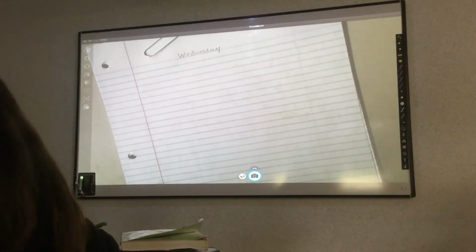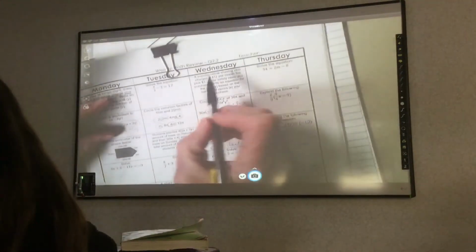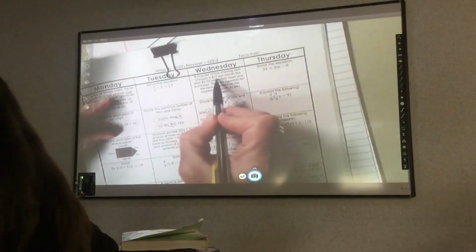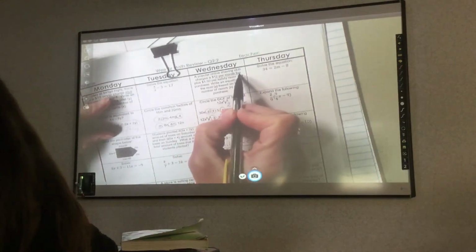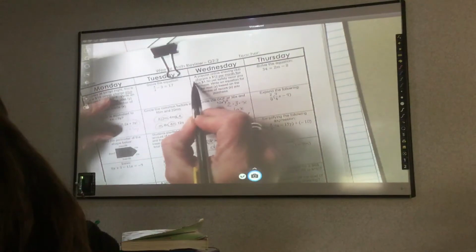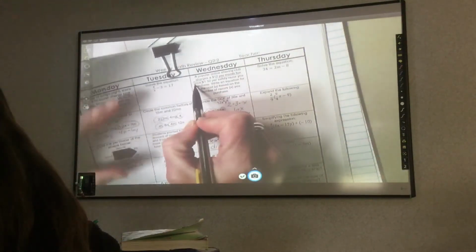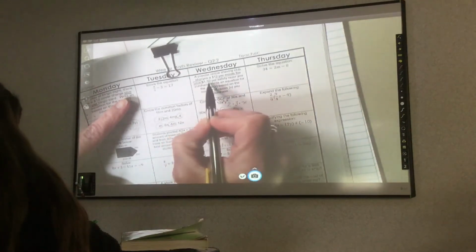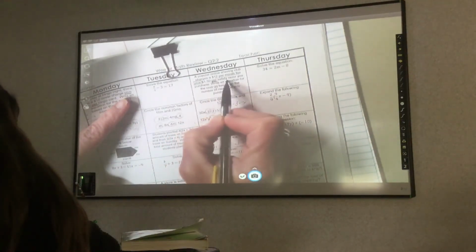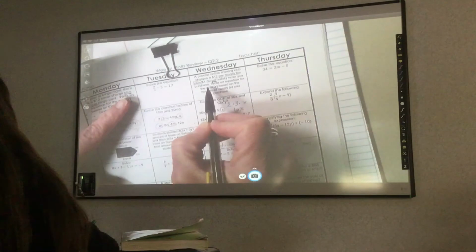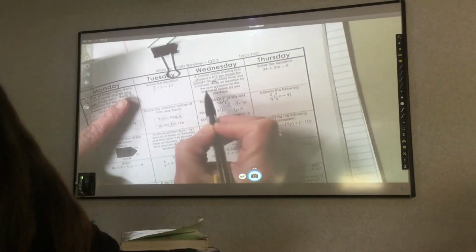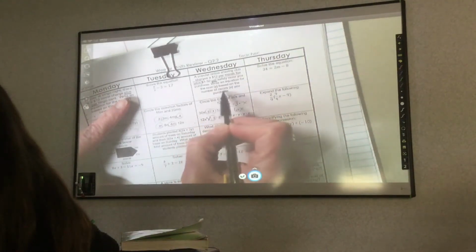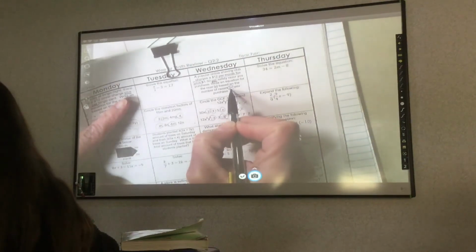Number 1. A popular online shaving club charges $12 per month fee. Plus, there's that clue word. I'm underlining and circling clue words. $1.50 per safety razor you purchase. Write an equation for the cost Y based on the number of razors X you purchase.